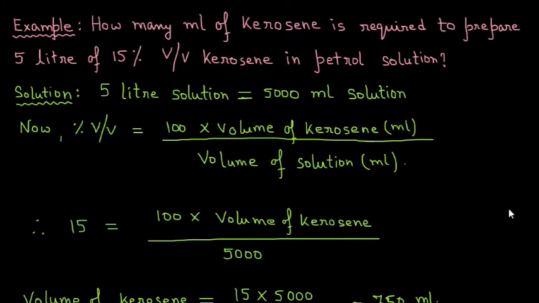How many ml of kerosene is required to prepare 5 liter of 15% V by V kerosene in petrol solution? So here, given is volume of solution, that is 5 liter. Percentage V by V is given as 15%.